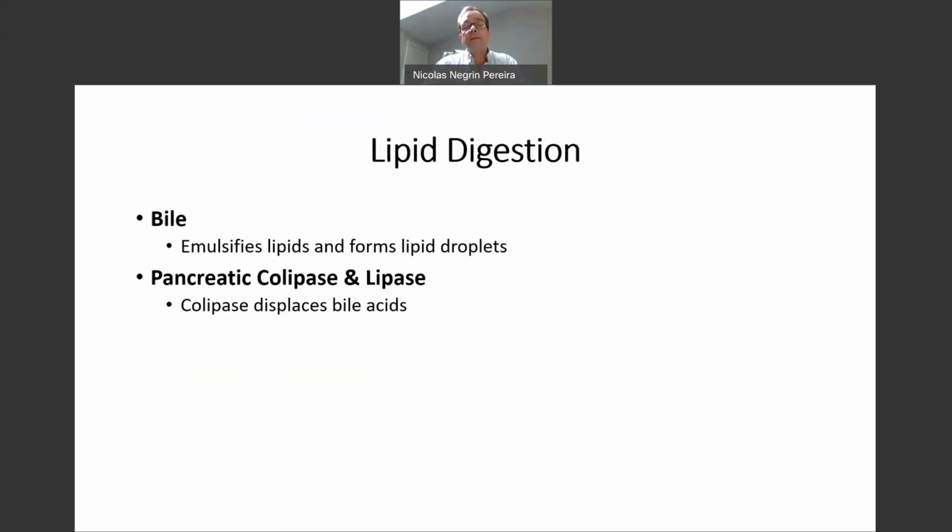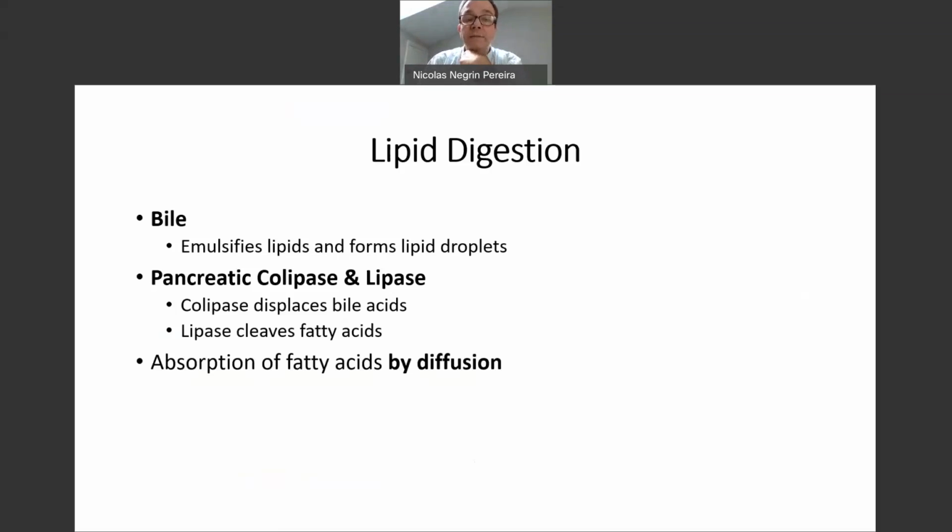But colipase, in this case, actually has a role of displacing the bile acids, so the enzyme lipase can actually attack the lipids. And lipase will actually cleave the fatty acids and form monoglycerides and two free fatty acids from triglycerides.